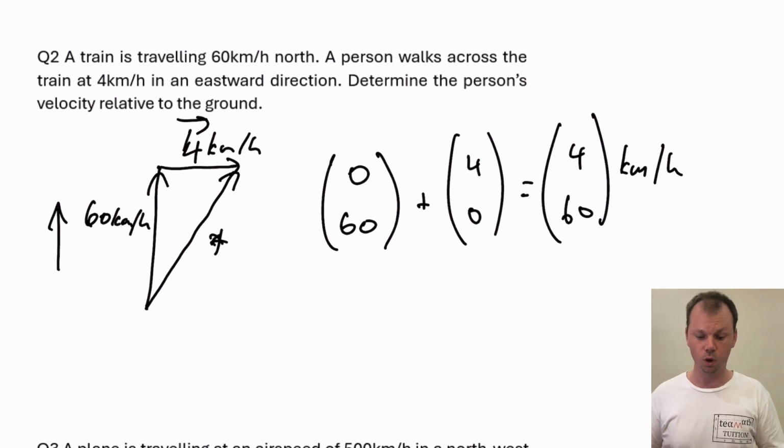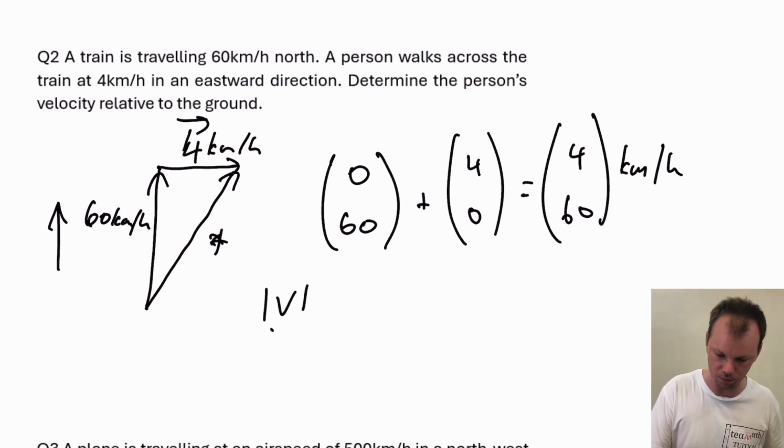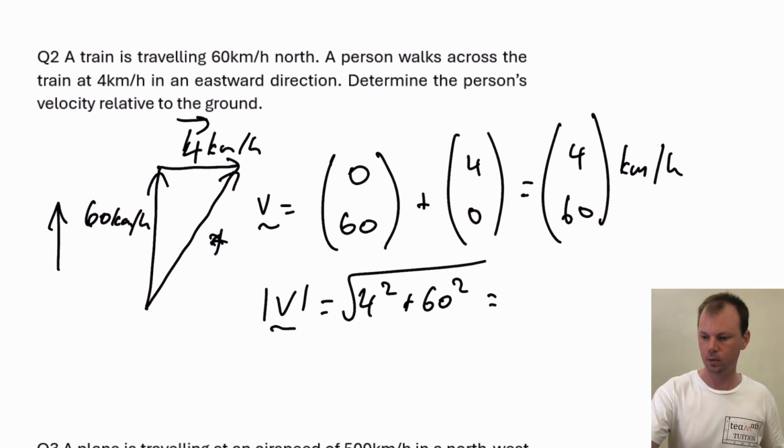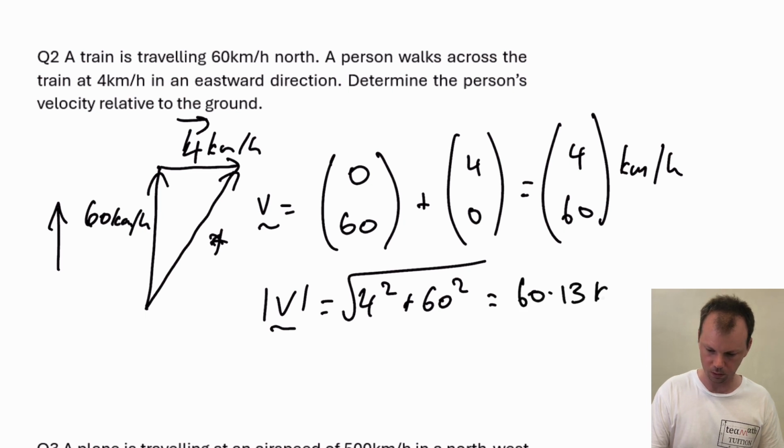Now we're often quoting in terms of the speed of the person and the direction, because that's a more understandable quantity. So the magnitude of the velocity is the speed, which is the square root of 4 squared plus 60 squared. We get 60.13 kilometers per hour.